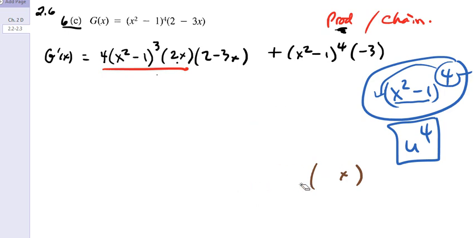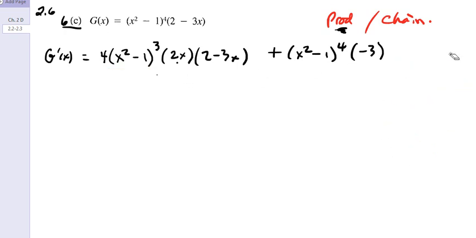Okay, so that's the first line, first step there. And what you're going to want to do here is you're going to want to simplify as much as possible. So what can we do here? Let us make this black. So 2x times this times 4. We could probably do that.